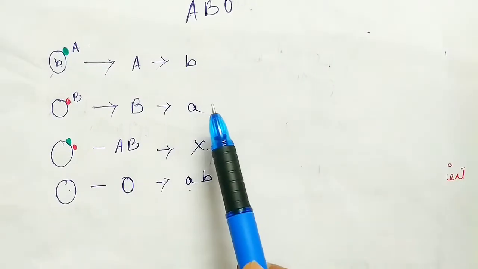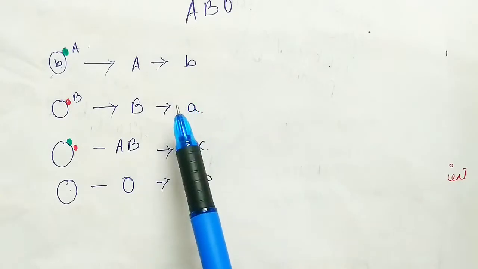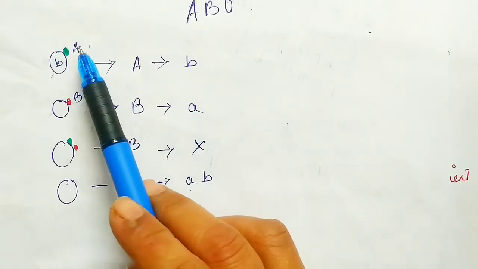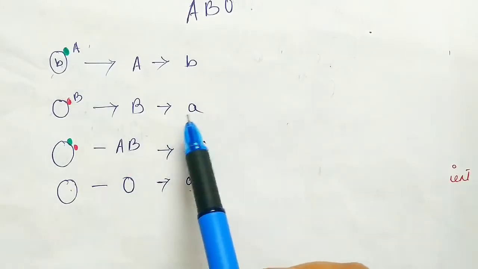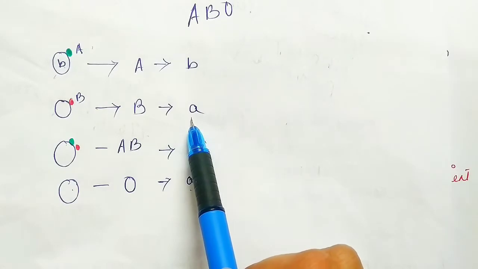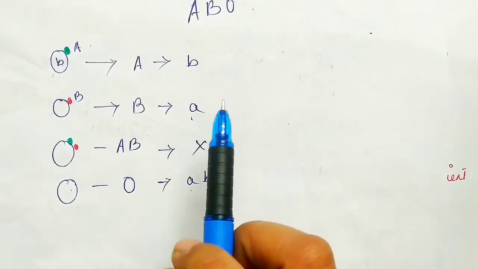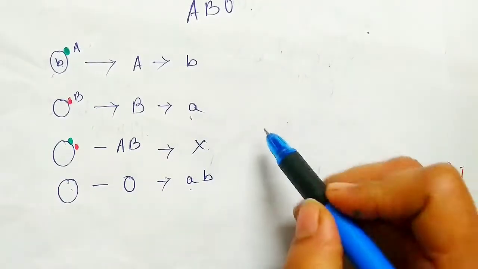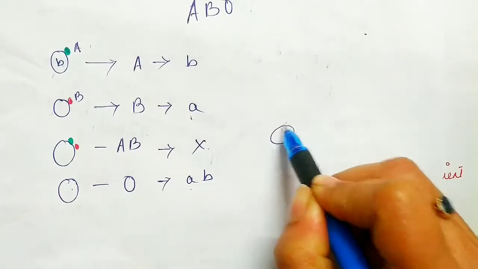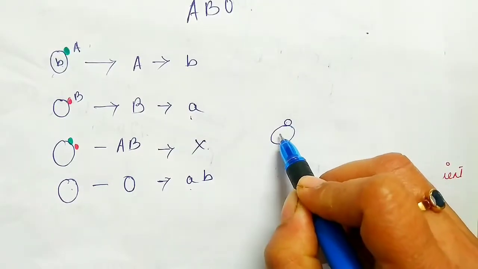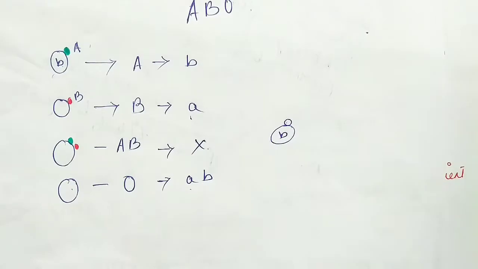Now come to the blood donation process. During blood donation, the antigen of the donor and the antibody of the recipient should not match. Otherwise, it will be fatal for the person. Suppose a person has A blood group, so the antibody will be b.